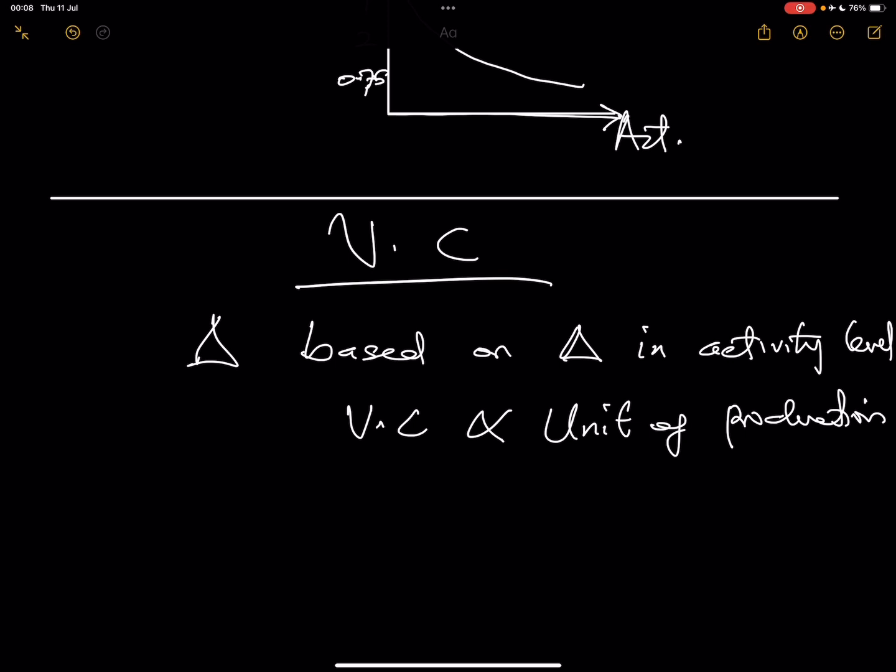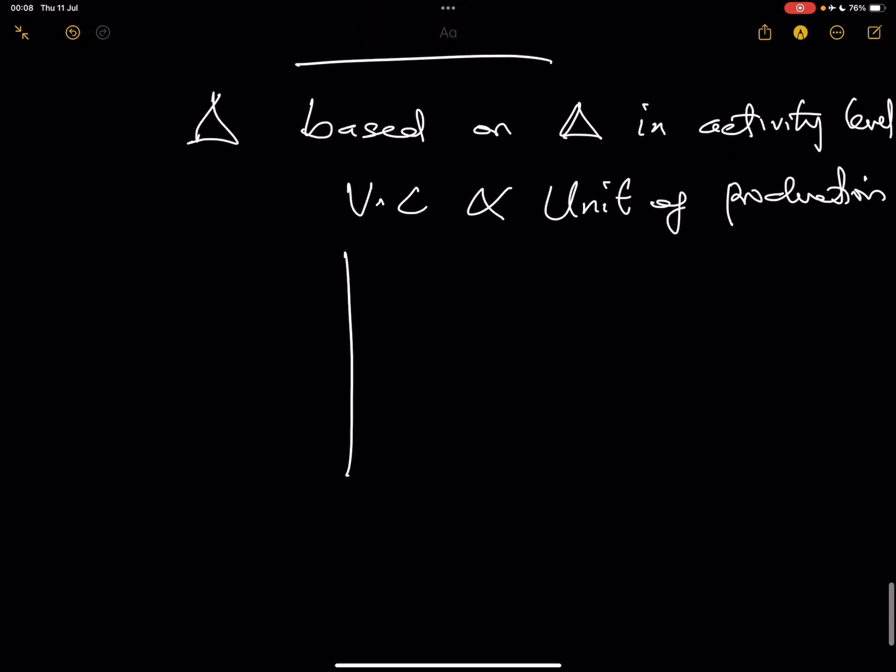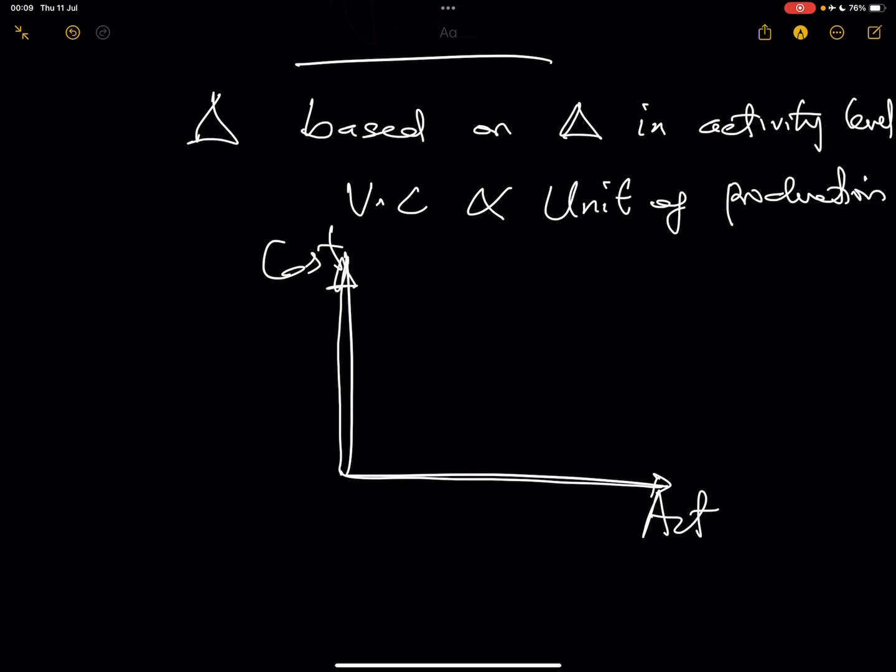So in variable, what we're saying is, in the form of graph, if this is activity and this is cost, we're saying that as activity is going up, the cost is also going up. And the best way to represent that is a type of graph like this. So this is a graph of variable cost. So I hope you've seen the difference between the variable cost, because for fixed cost, it's like this. Very important to note that.